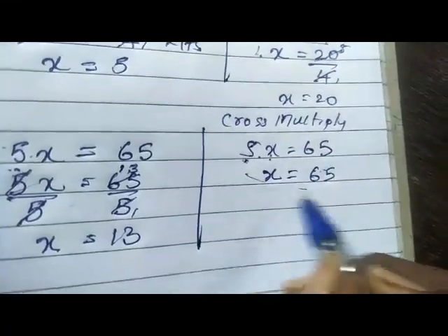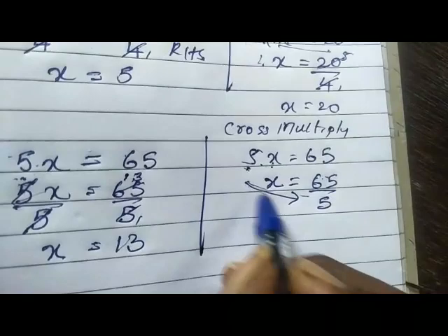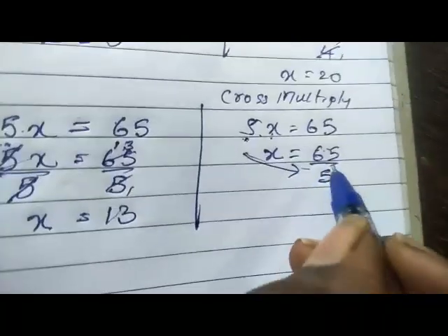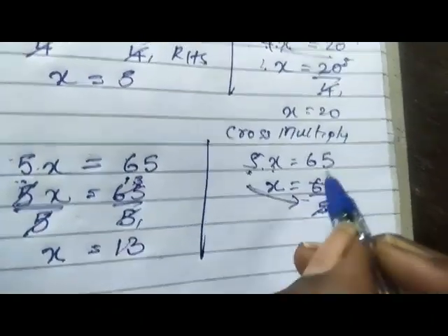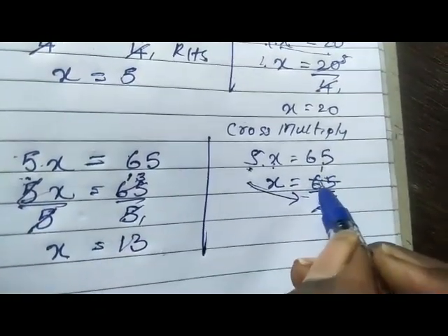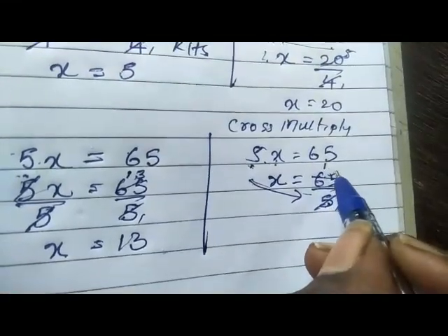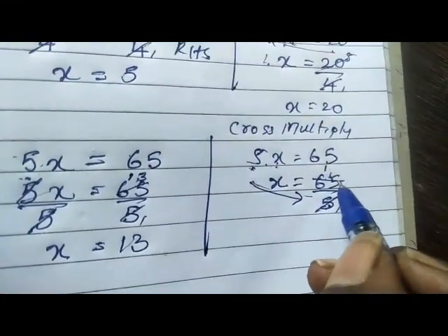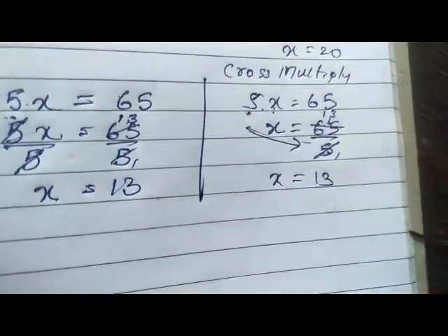This 5 will come down here. That means this is divided. 65 divided by 5. 5 ones are 5. Here 6 is written. 1 carry, so 1 is carried here. Becomes 15. 5 3s are 15. Answer is 13. X is equal to 13.